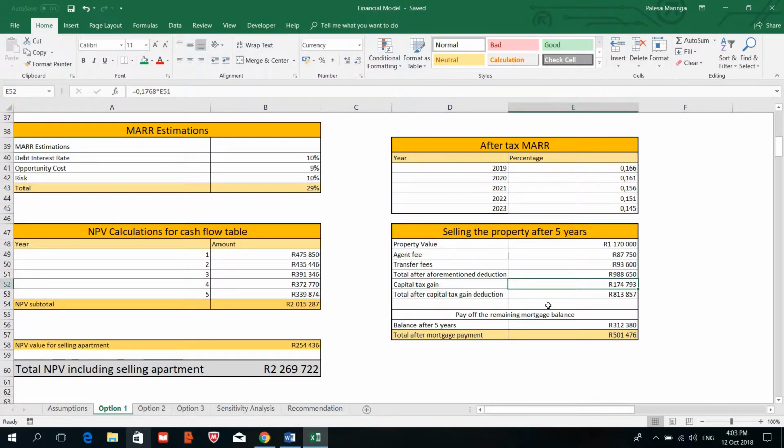After all of these were taken into account, you now had to pay your mortgage bond, and after you pay your mortgage bond, you're left with almost 500,000 rands. Again, the NPV of the money that you were left with was calculated and added to the NPV from the cash flows, and a net present value for selling the apartment of almost 2.3 million was calculated.